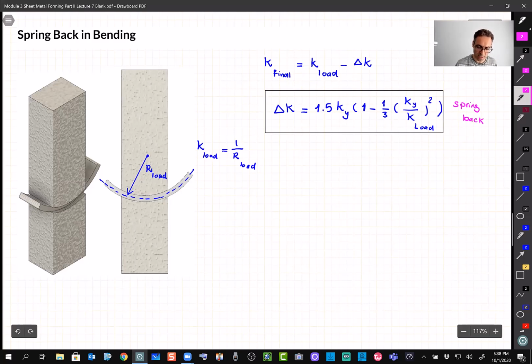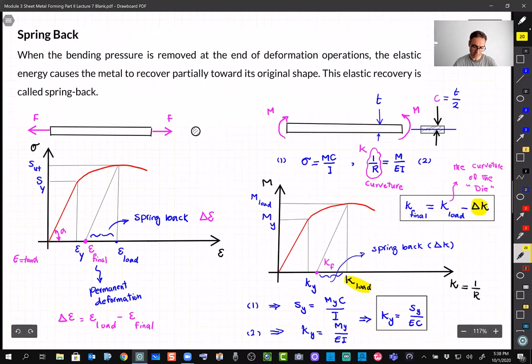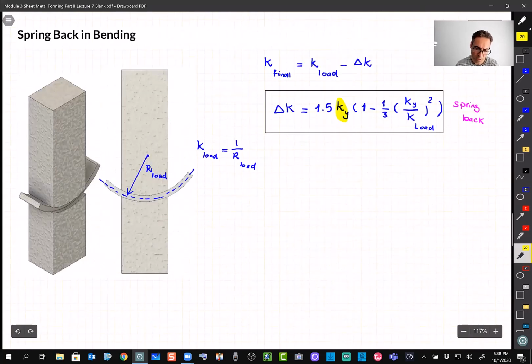As you can see, this spring back depends on the material, depends on Ky, right? How do we calculate Ky? We just mentioned it on this page. Ky, we can calculate from SY over EC. So Ky is SY divided by EC, all right?